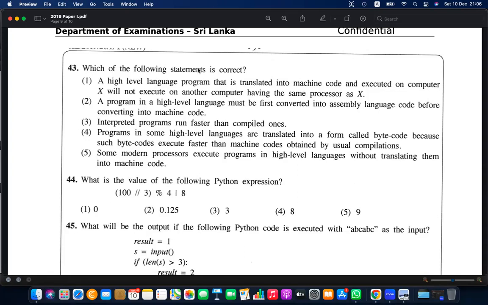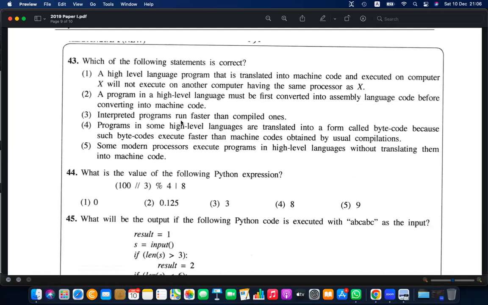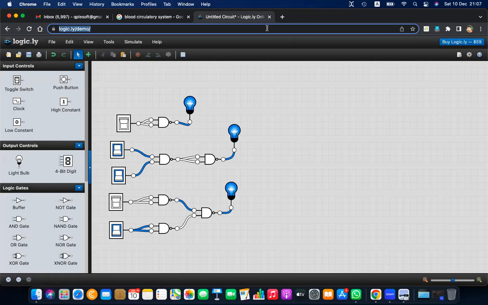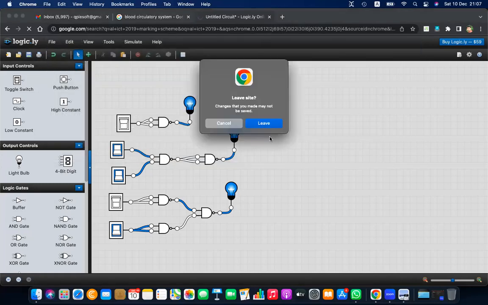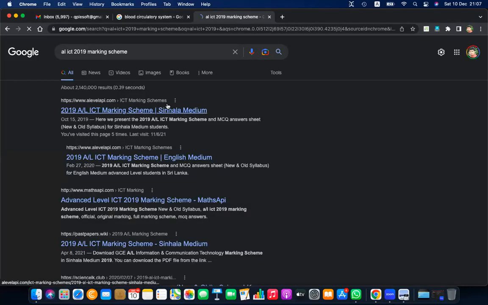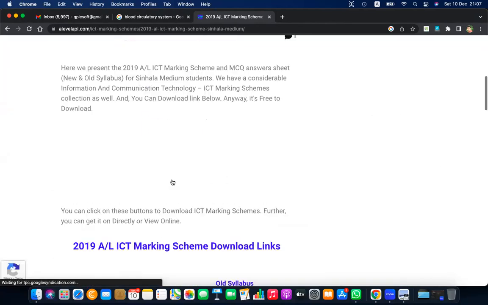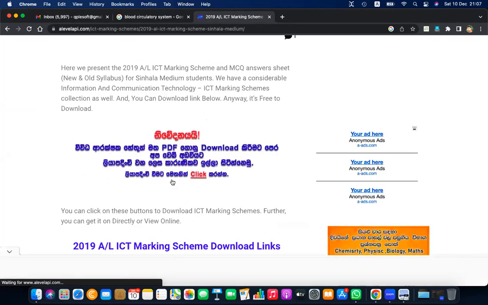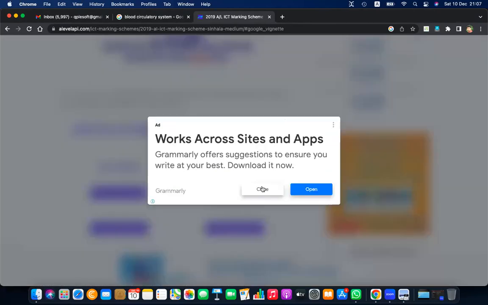So what about the marking scheme answer? Let's see the marking scheme answer for the 2019 paper, because in 43 no answers are there. A-level ICT 2019 marking scheme. This is a bit doubtful because we had a few questions which are doubtful in this 2019 examination.